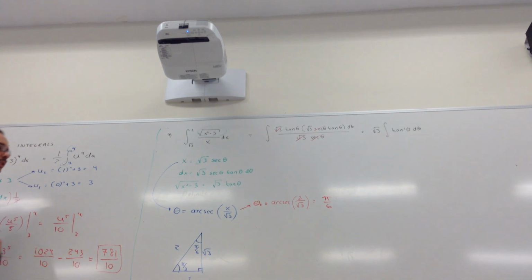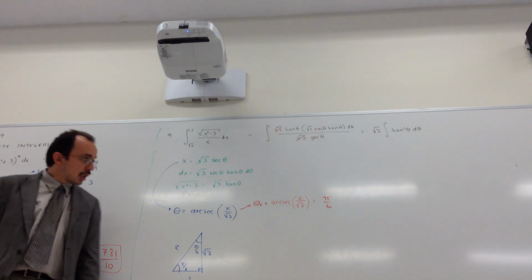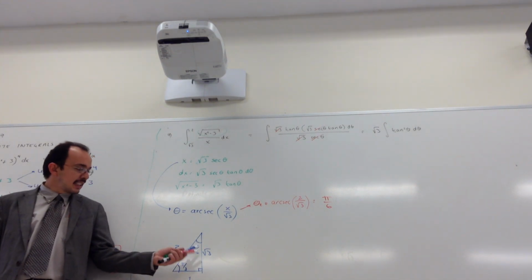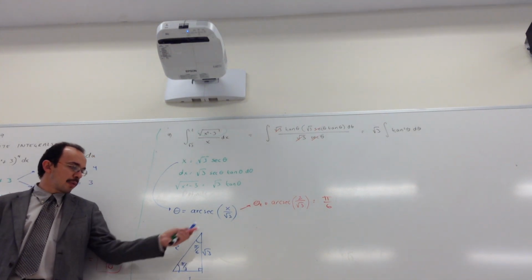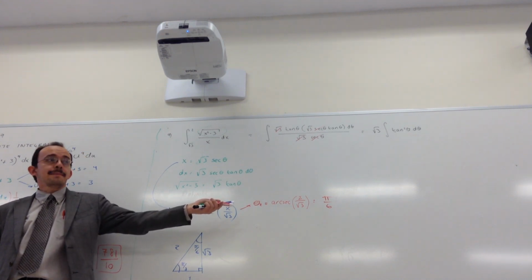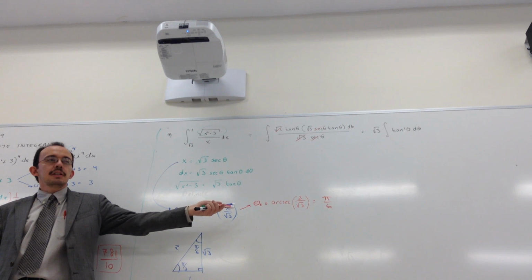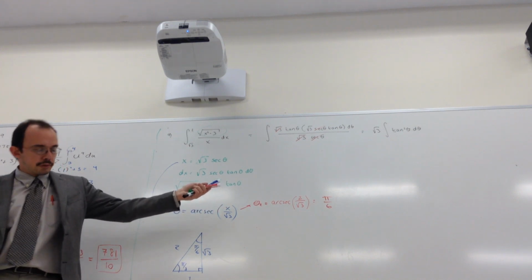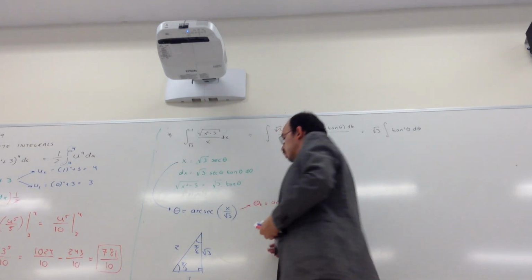If you haven't got it yet, remember, what is secant in the triangle? Hypotenuse over what? Adjacent. Hypotenuse over adjacent. So, from this angle and that angle, this is the only one whose hypotenuse over adjacent is that one. You remember that? Well, you should, because this is going to be the same.